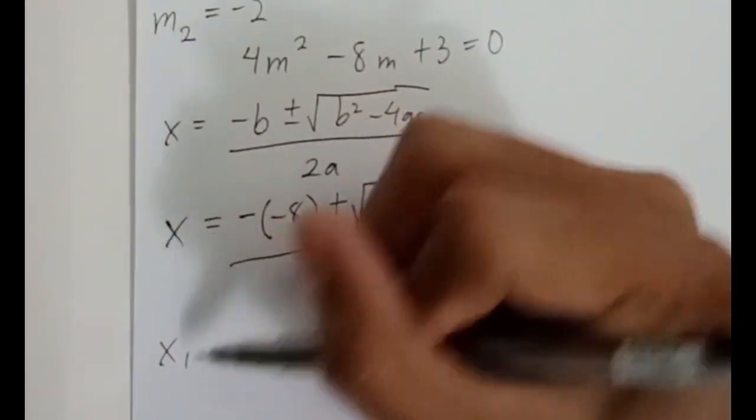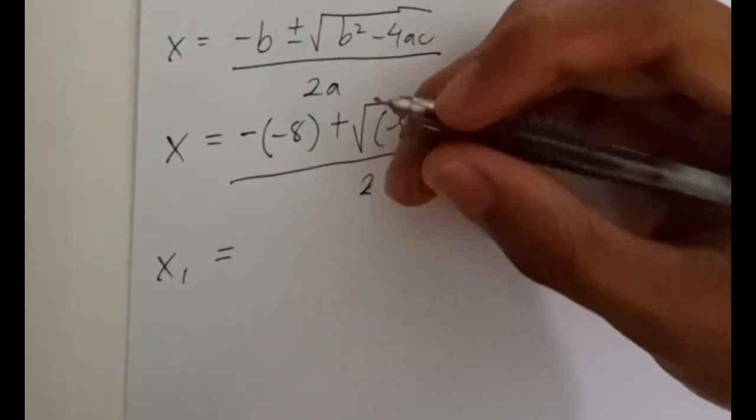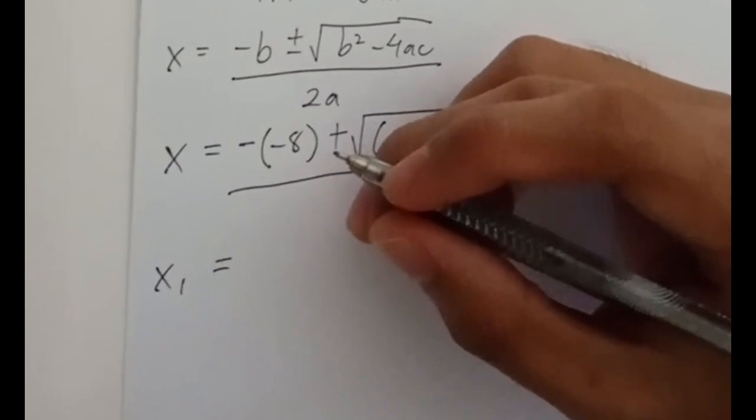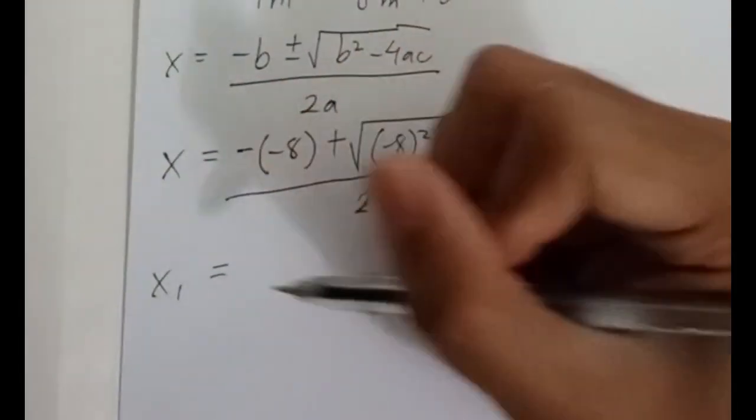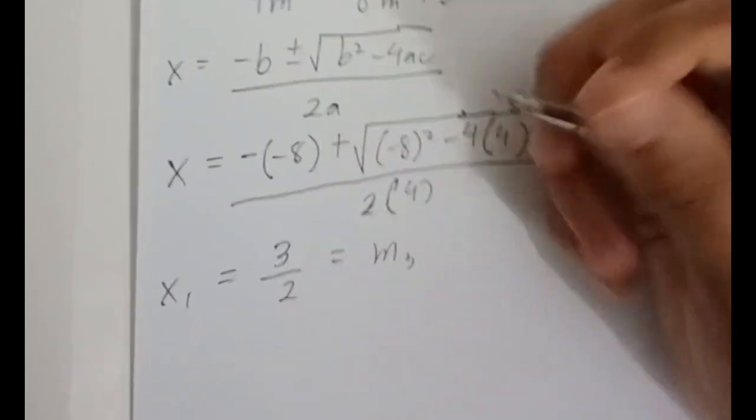So plugging this in our calculator, that will be x sub 1, our first root. We get 3 halves. So that will be our m sub 3, our third root.